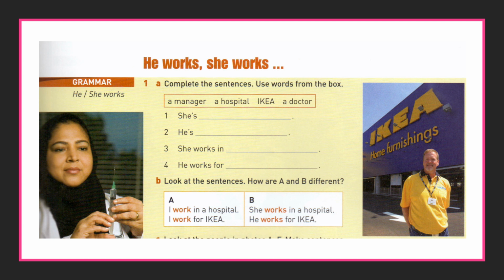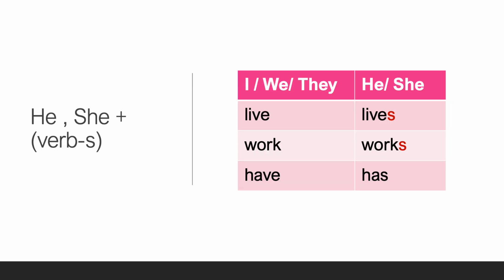He works for IKEA. Now what is the difference here? What did we add to the verb? We add S. Why? Because we have she and he. So always when we have the pronouns he or she, we add S to the verb.